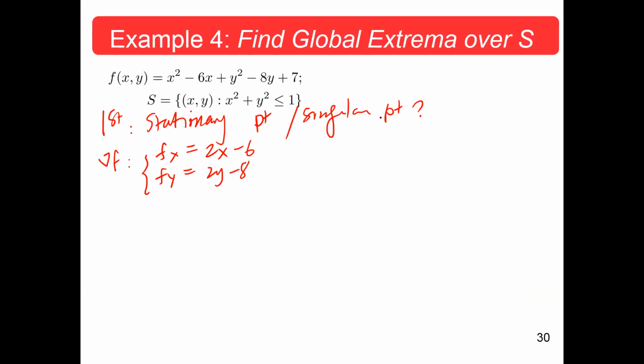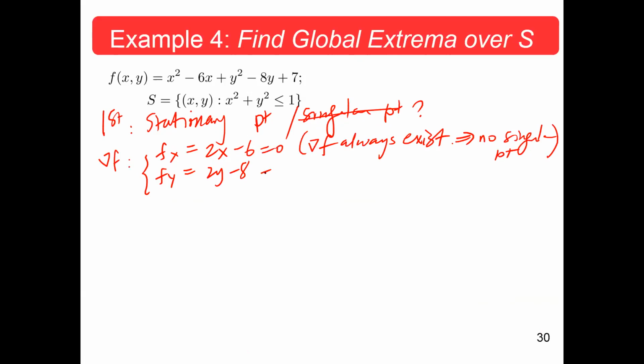Do we still have singular point possible? Remember, singular point is where the gradient doesn't exist. Over here, the gradient always exists. So there's no singular point, and we can only have stationary point.